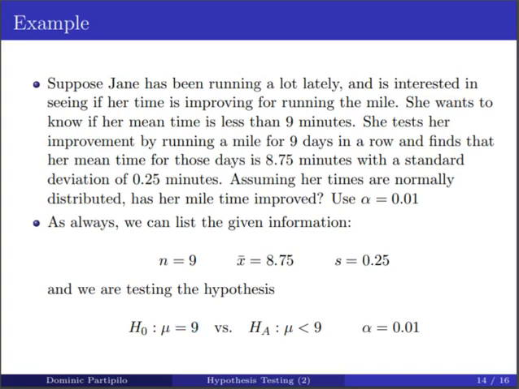That's our null hypothesis. And she's interested in seeing if her time is improving for running the mile. And what that means is that we're testing whether or not her time is now less than 9 minutes for running the mile. And we're going to be using a significance level of 0.01.